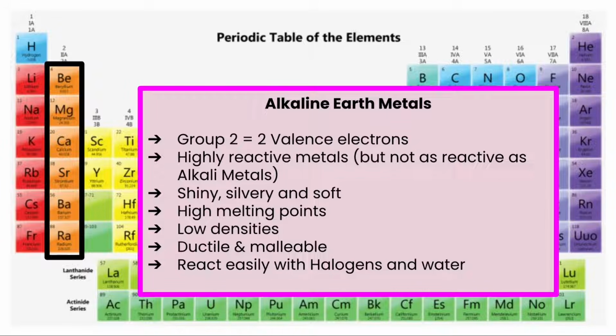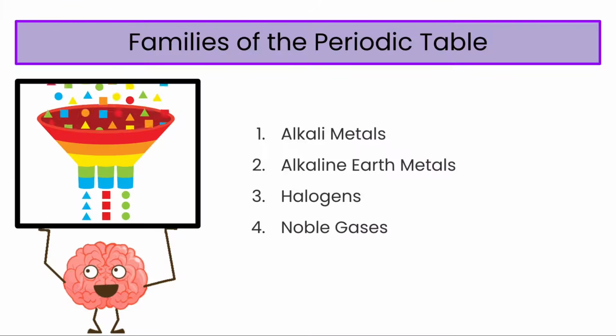They also have a lot of similar properties of metals, so they're shiny, silvery, and soft. They do have higher melting points. They still have low density. They're still ductile and malleable, and they react pretty easily with halogens or water, not quite as violently, though, as our group 1 alkali metals.